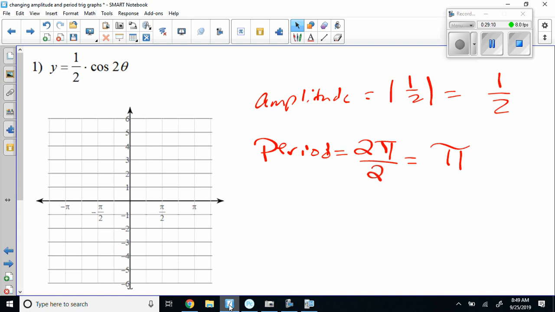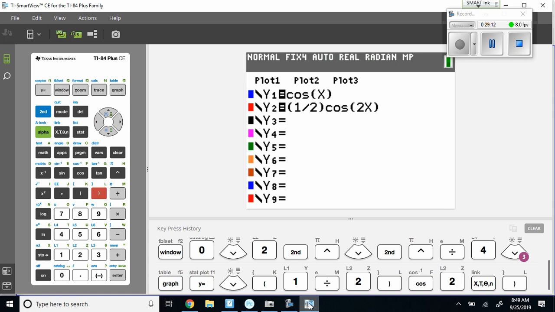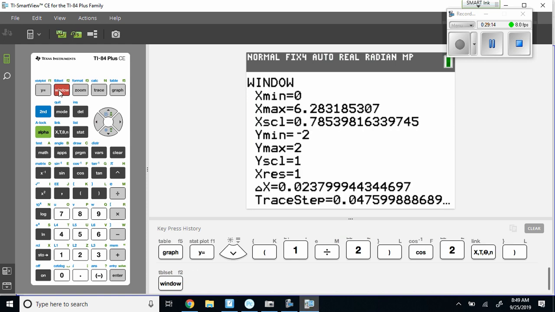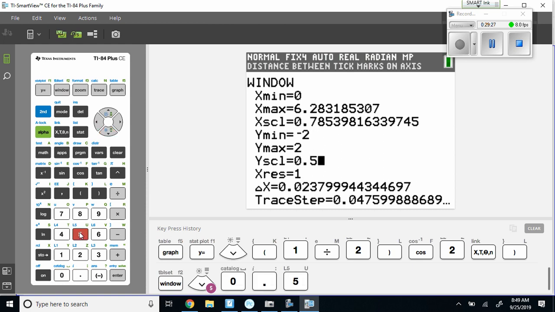So here's what I want to do. I want to go to graph, and then go to window. Because we have an amplitude of 1/2, I would like to change my Y scale to be 0.5. Is that okay? So now I'm going to have a tick mark at every half, right?